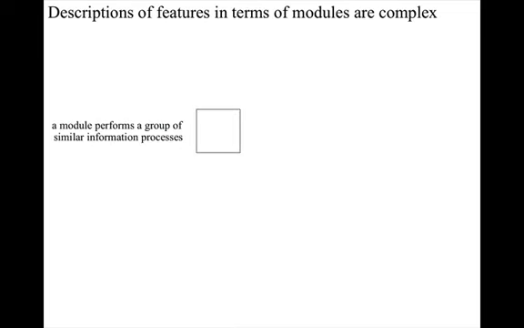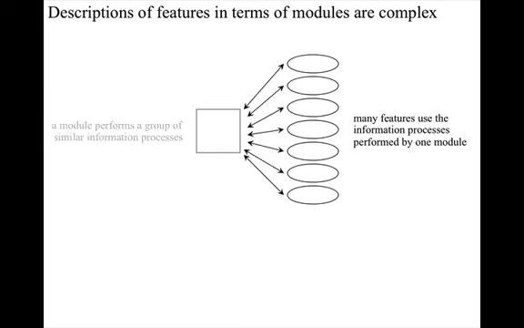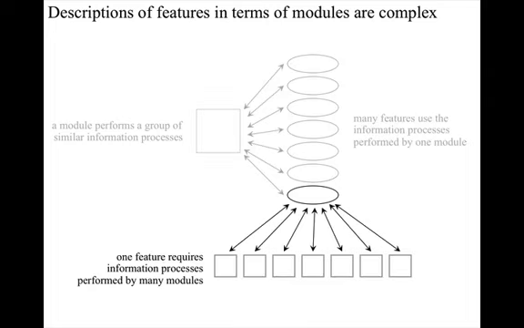Remember, the relationship between modules and system features is not at all straightforward, and there's a major implication to the complexity of that relationship. One module supports lots of different system features, and one feature needs the support of lots of different modules. But now, think about what happens when you try to change a feature.